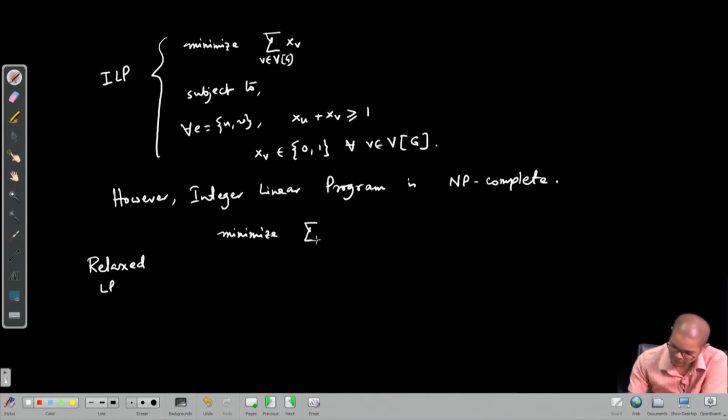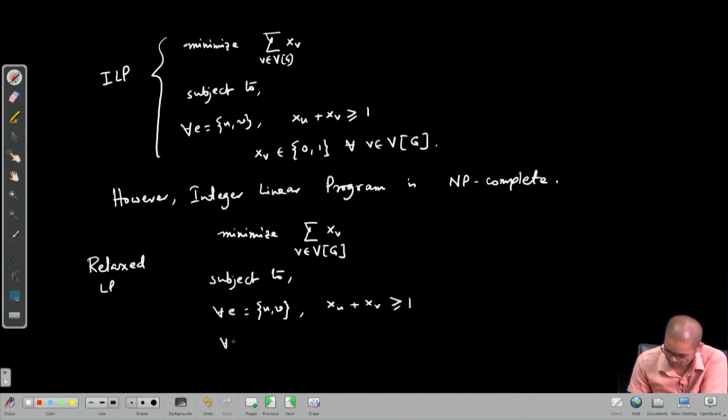Minimize summation xv, v in V(G), subject to, for each edge e equal to u comma v, xu plus xv is greater than or equal to 1, and for each vertex v in V(G), xv is between 0 and 1.